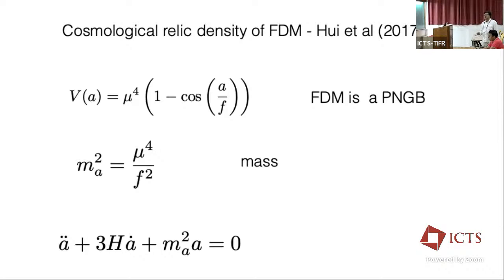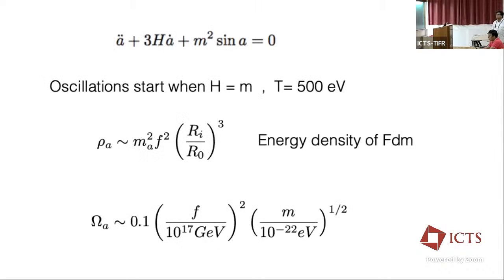And you write the equation of motion for A, which is this. Then you have the Hubble friction term, and then you have the oscillation term driven by the sine. You say that the oscillation starts when the Hubble expansion rate is equal to the mass.